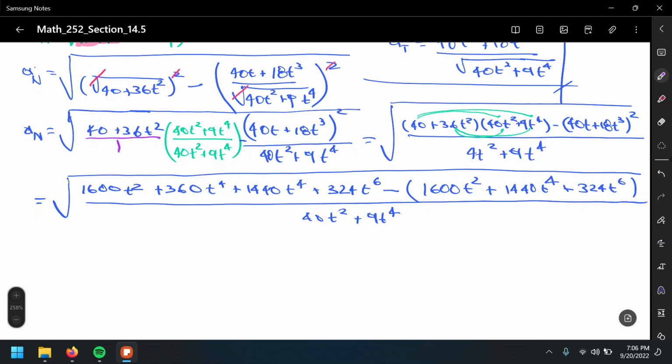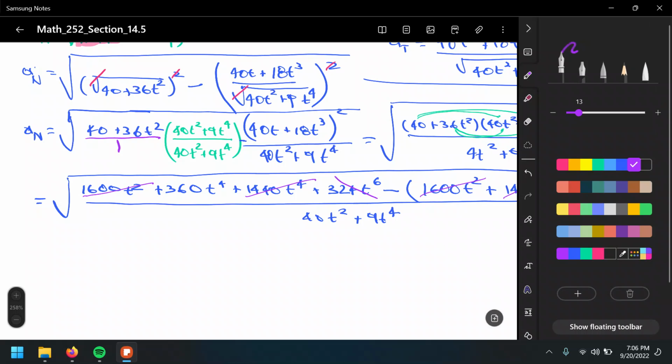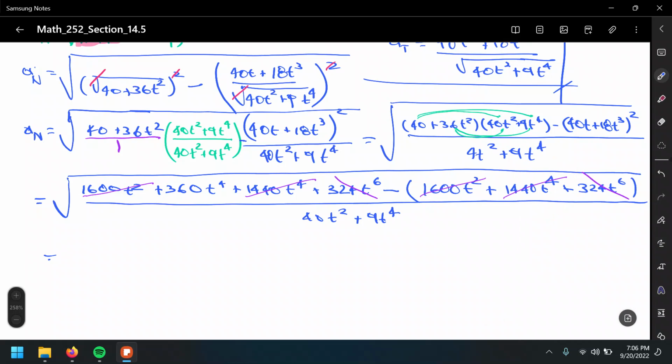So instead of just distributing the negative and rewrite the whole thing, we can go with the negative sign. So we can cancel out the 1600 with the 1600, the 1440 with the 1440, and the 324 with the 324. All right. So it reduces. Okay. So that's gonna leave us with 360 t to the fourth over 40 t squared plus 9t to the fourth power.